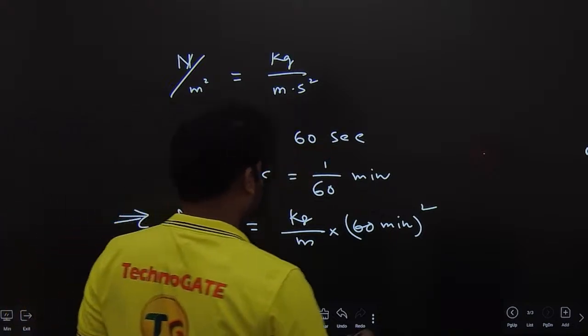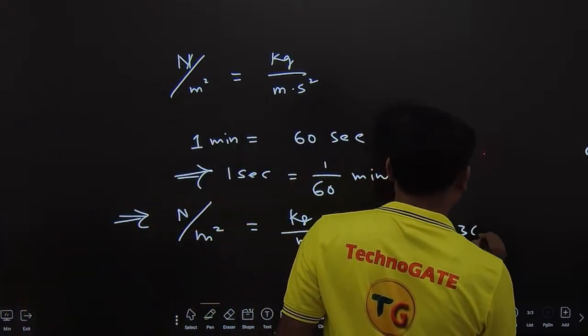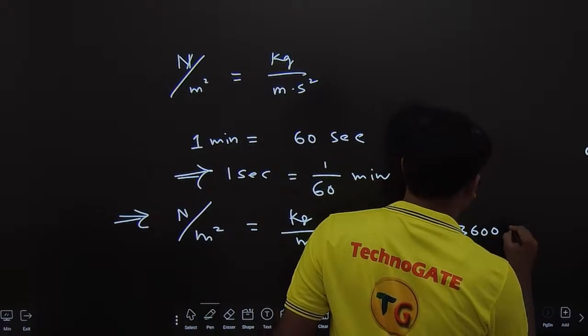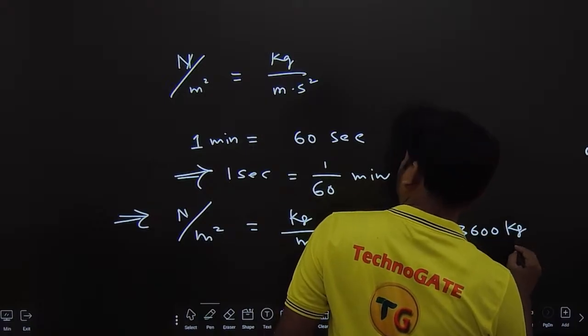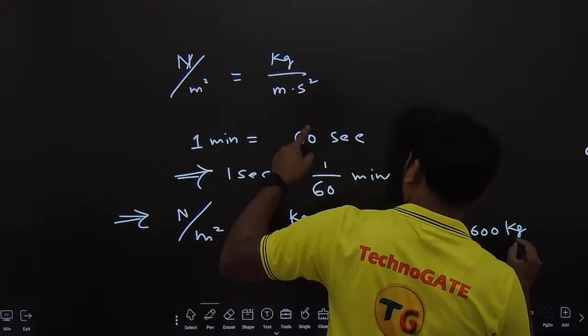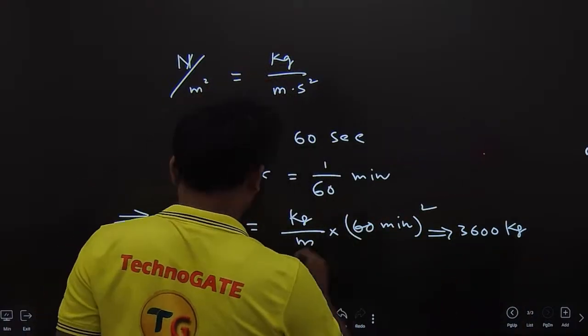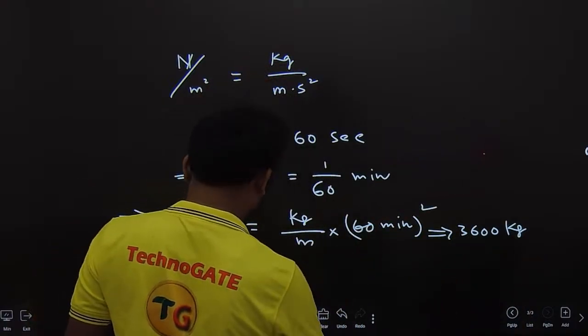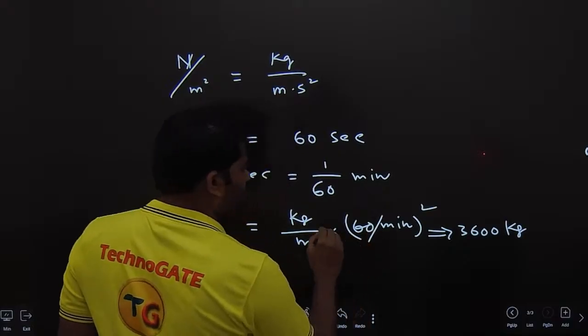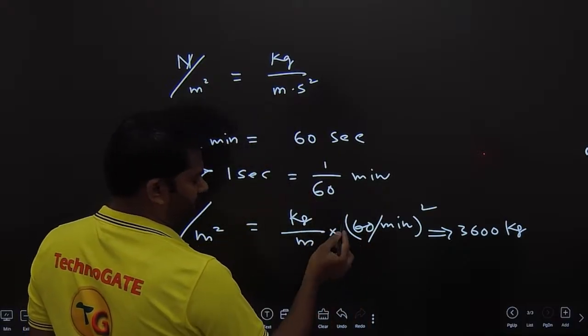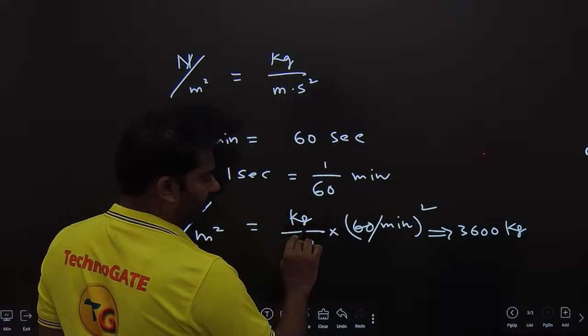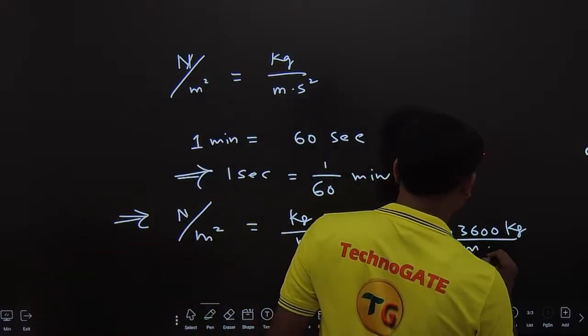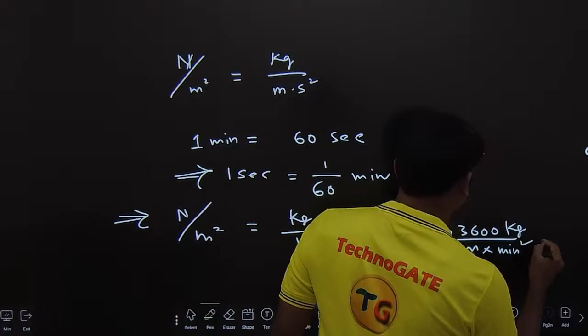And this will become 3600 kg, this minute comes in the denominator, 60 by minute square. Okay, kg into 3600 by meters into minutes square.